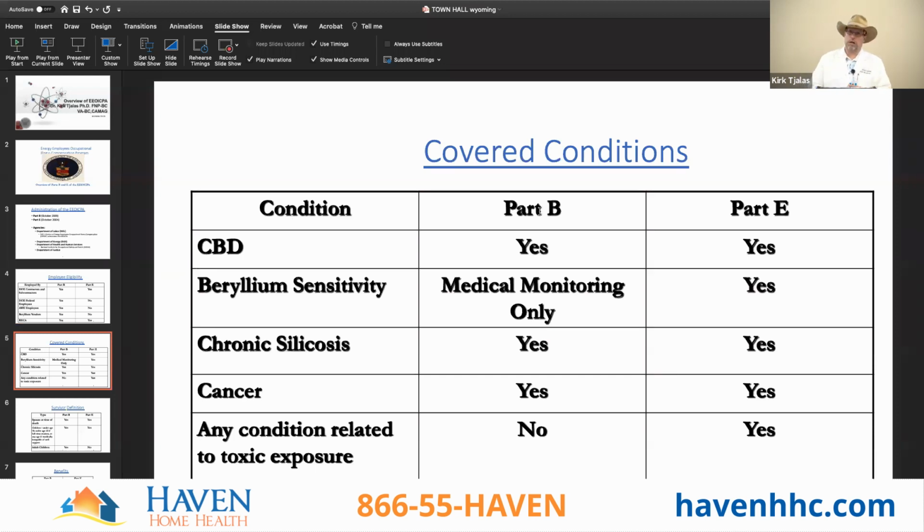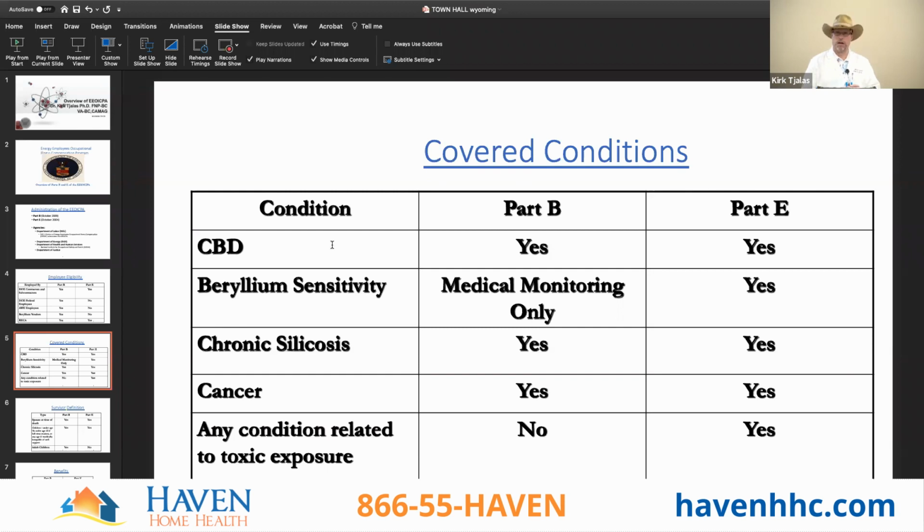Usually covered conditions focus on 2 primary systems in the body: the respiratory system and the renal system. Other systems may be involved, but it depends again on where you worked, how long you worked, and what work exposure you had. So it requires some significant documentation.